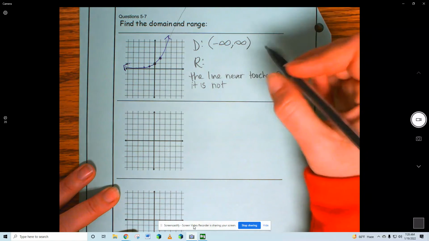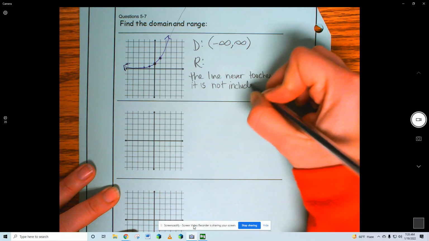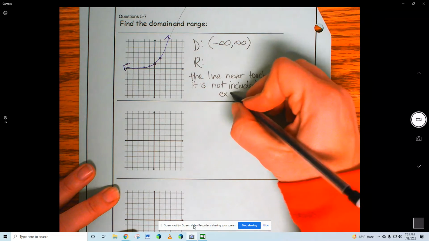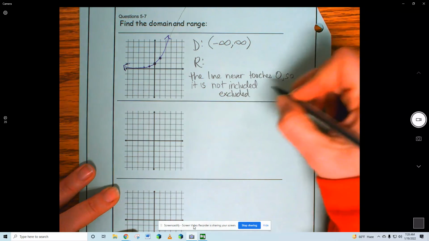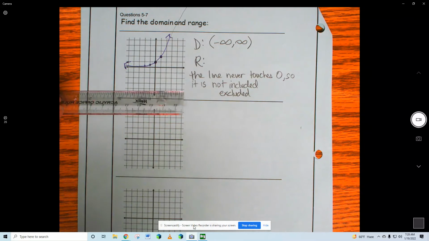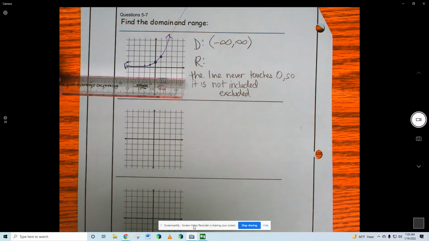All right. The line never touches 0. So it is not included, or excluded is the better word. So it's not at negative infinity. I'm doing range now, low to high. It's not at negative infinity. It's not at negative 1. It doesn't touch 0. It gets really, really close to 0.